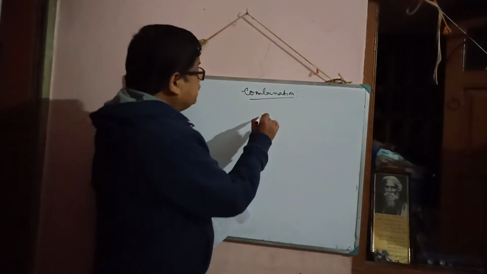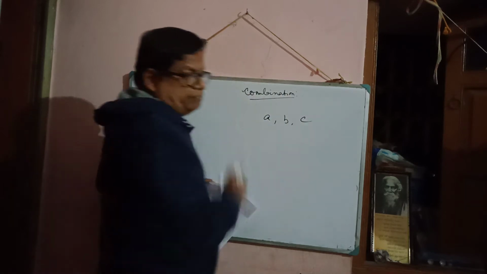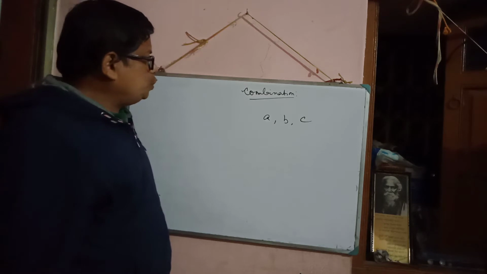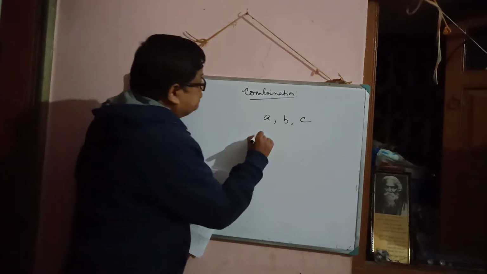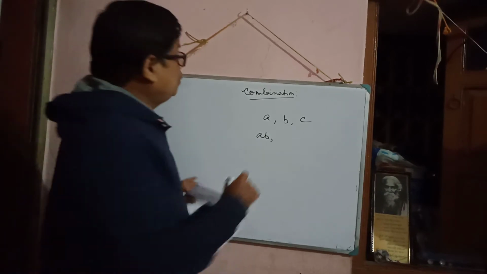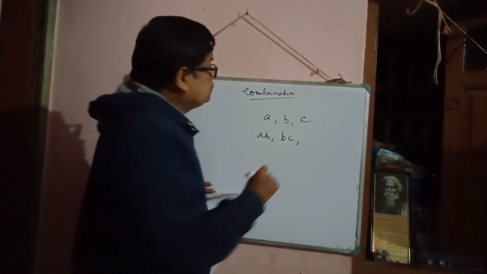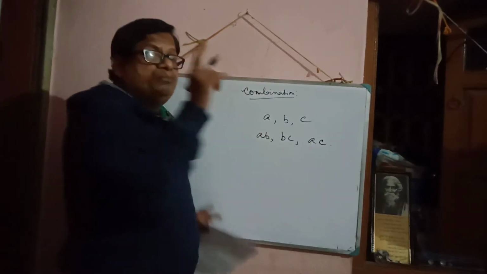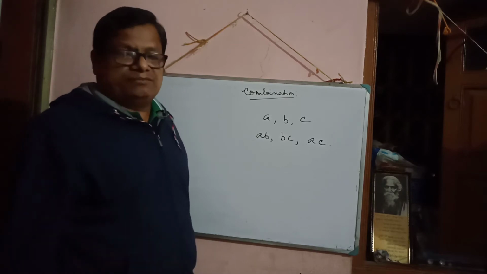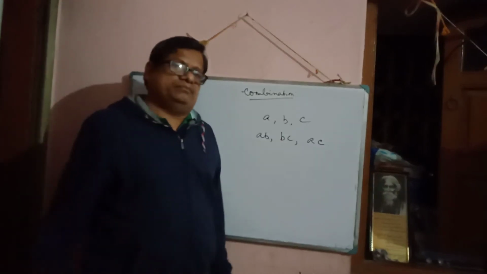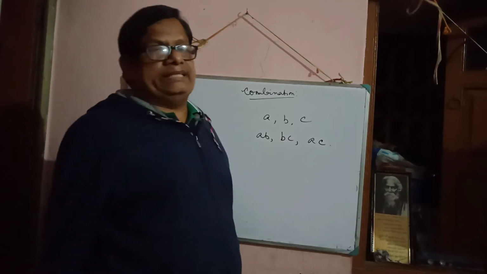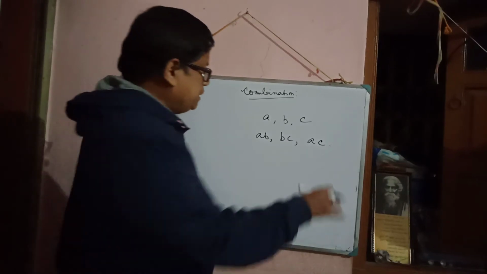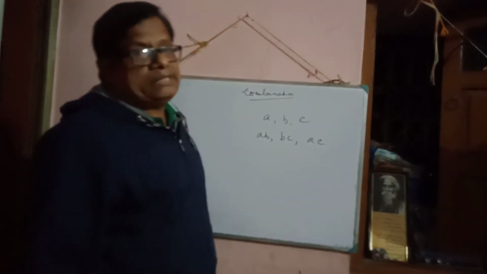Suppose A, B, C. If we consider two letters, you can write AB as one selection, BC also a selection, AC also a selection. See, AB or BA both are same, no change. Understood? Here selection is there. BC or CB, AC or CA both are same.